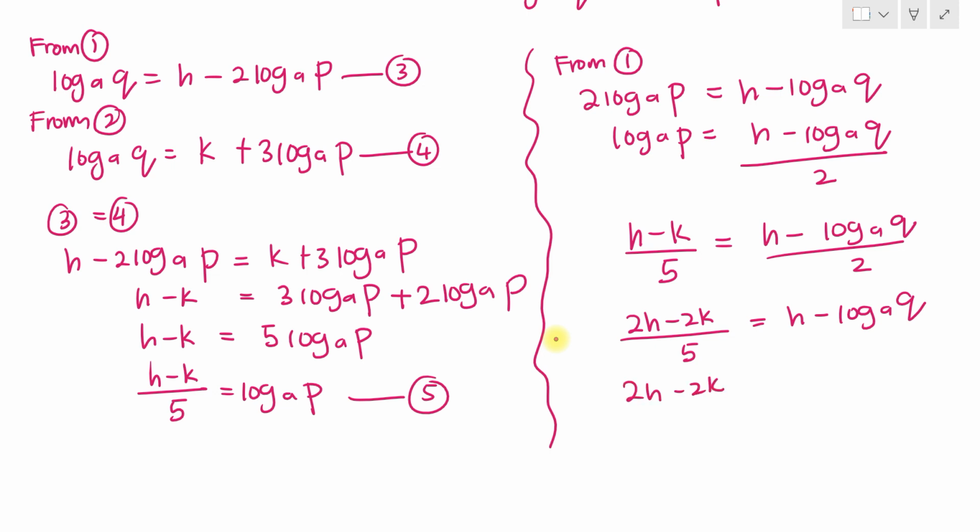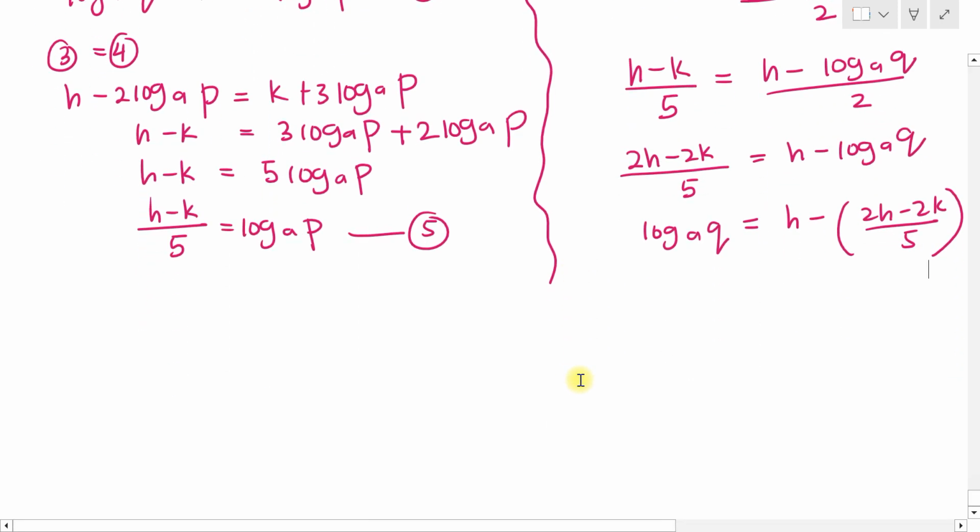We bring everything here, easier. I put the log AQ here: H minus (2H minus 2K over 5).